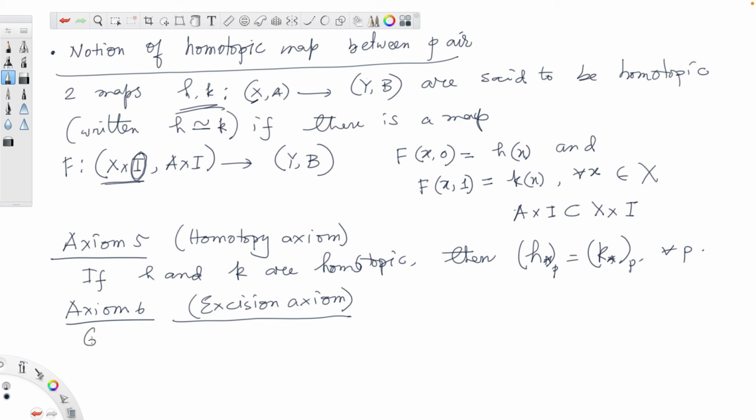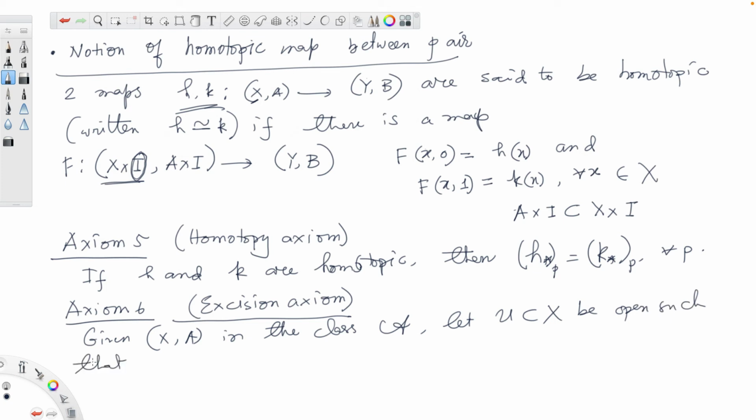It tells us that given the pair x comma a in the class A, let U in X be open such that, we just can't take any open set from X. We have to take that open set from the topological space X such that its closure is contained in the interior of this subspace A. Okay, so we have to be careful in choosing such open sets.